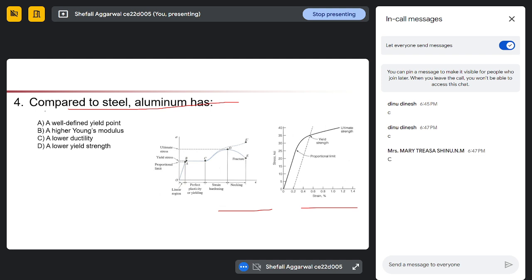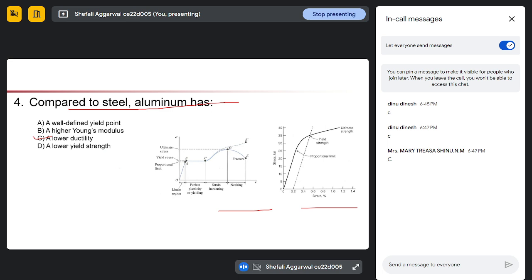C. Okay, lower ductility. Actually, I don't have the ductility graph.